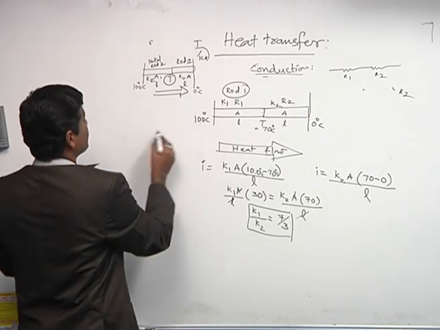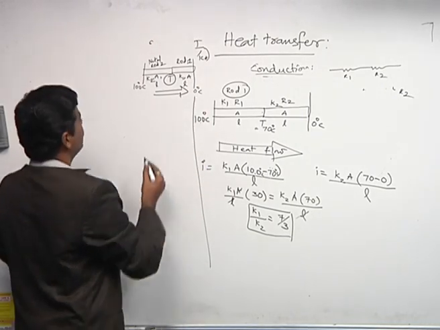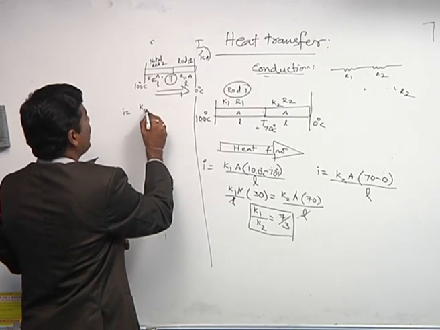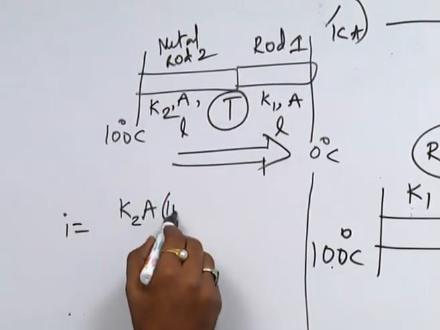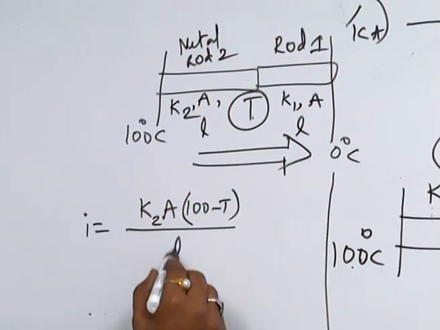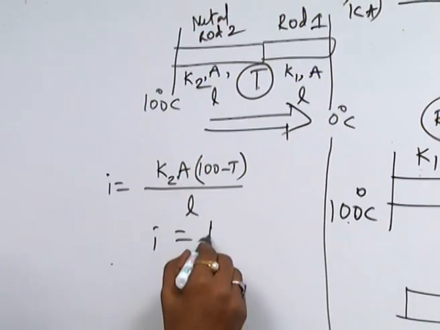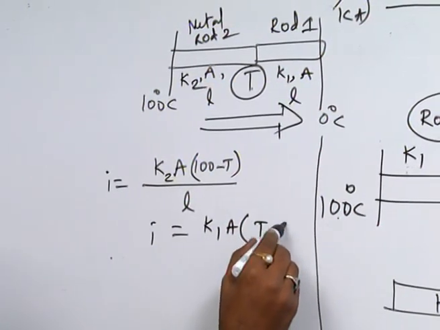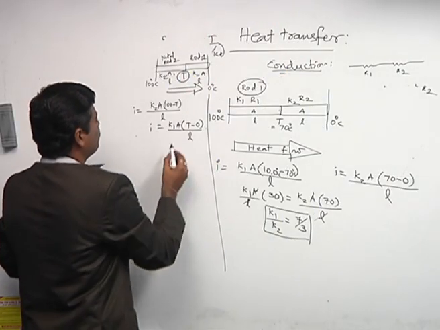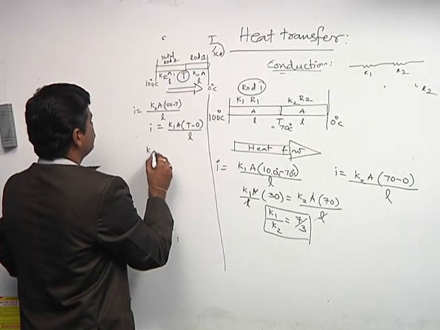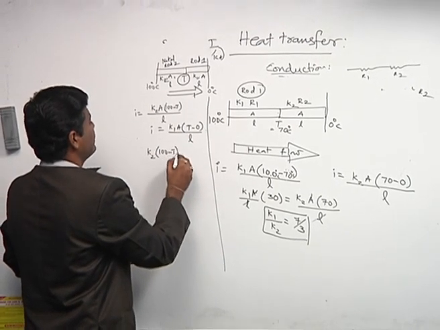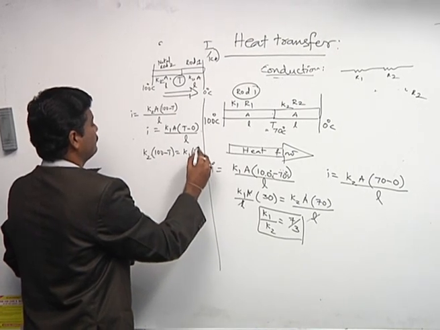If you are writing the current equation for this second configuration, I is equal to K2 A (100 minus T), T is unknown here, we have to find out, our target variable is T, by L, and in this case K1 A (T minus 0) by L. If you are equating both, K2 A by L is getting cancelled.